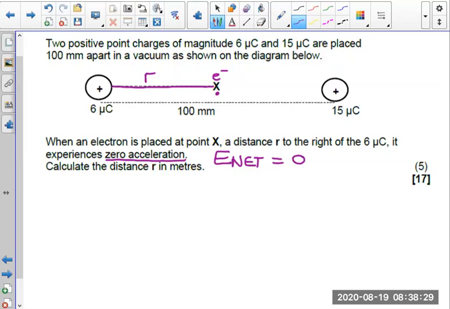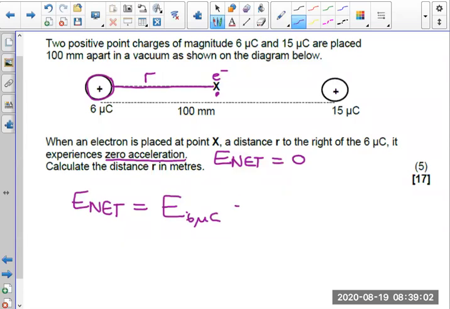Now when we work this out, we're going to say the net electric field equals the field at point X because of the 6 microcoulomb charge. And to get a net of zero, we must minus something.